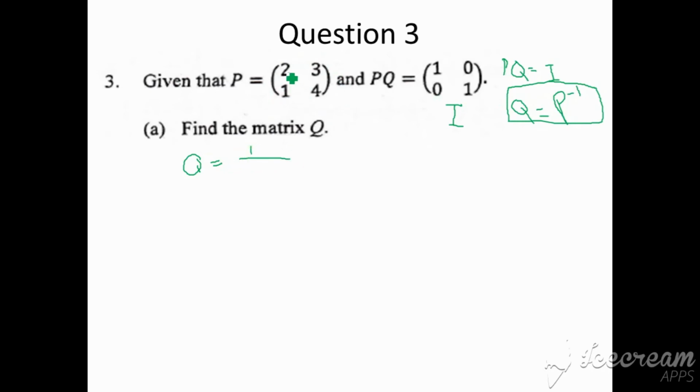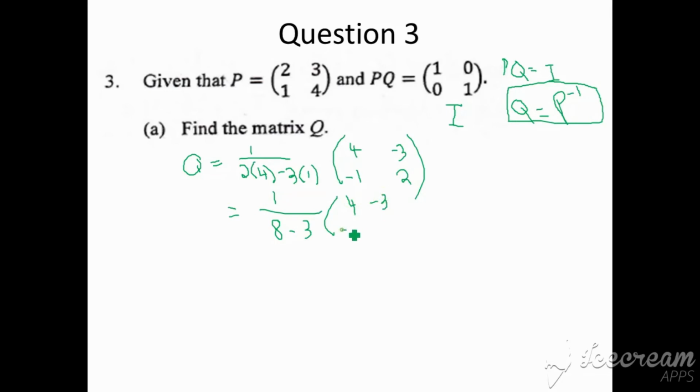So we have to do the inverse for this one. 1 over AD minus BC, 2 times 4 minus 3 times 1. A interchange with D, 4, 2, negative 3, negative 1. So 4 times 2, 8, minus 3, which is 5.